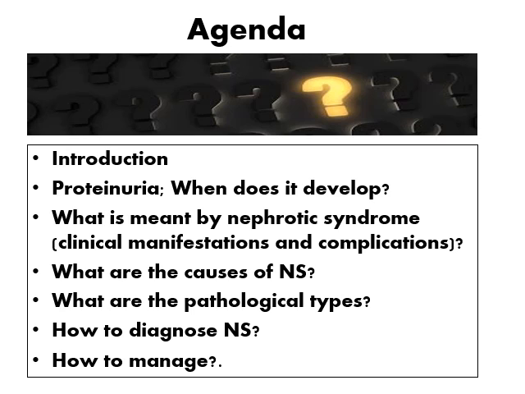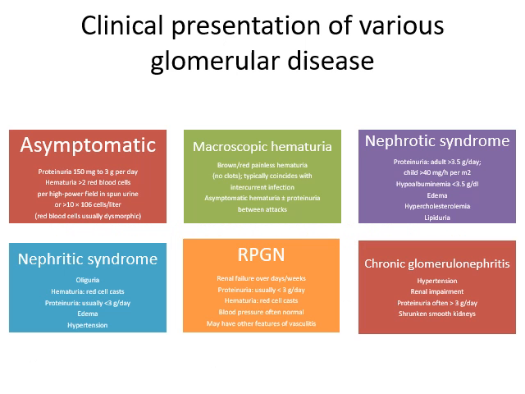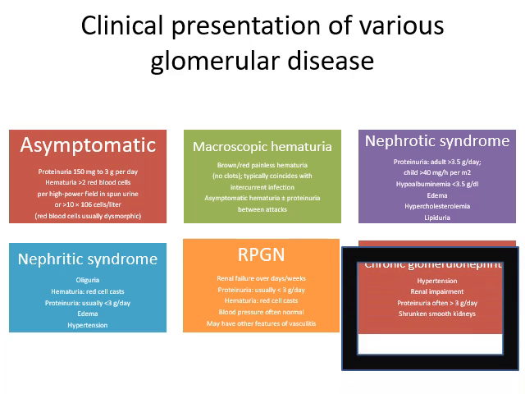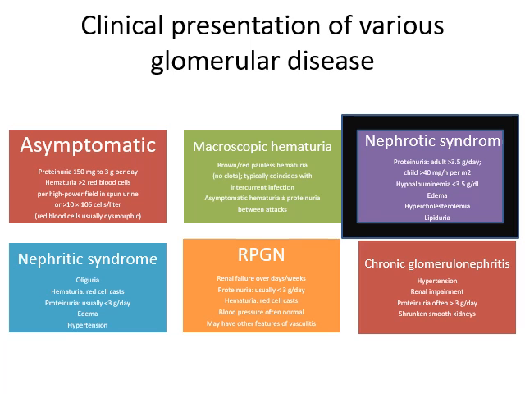Here we have to know what is meant by nephrotic syndrome. When the glomeruli are affected by a certain disease, various clinical presentations can result. The patient can be asymptomatic, and among these presentations, here comes the nephrotic syndrome. So nephrotic syndrome is one of the clinical presentations of glomerulonephritis.